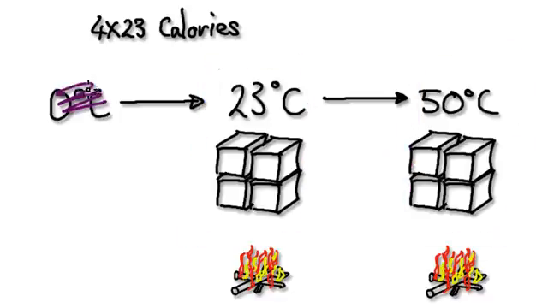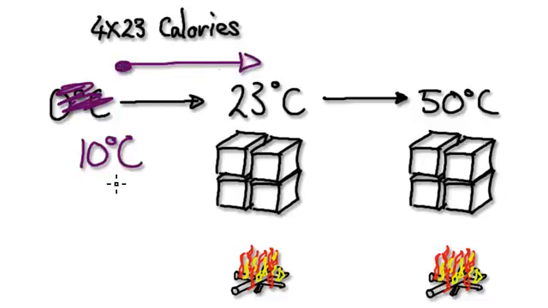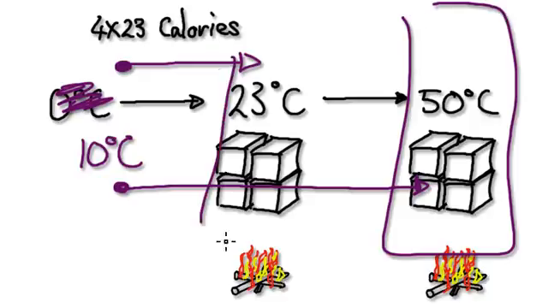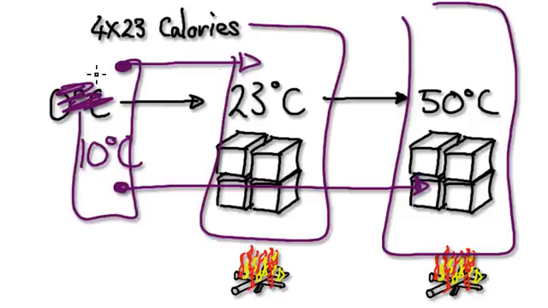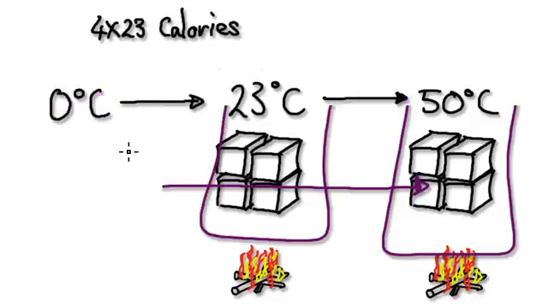Even if you start from, let's say, 10 degrees Celsius, if you work out the amount of energy needed to get from here to here, and then from 10 degrees, from here to here, you can just simply get this, take away this, even though you started at 10 degrees. It doesn't matter where you start.